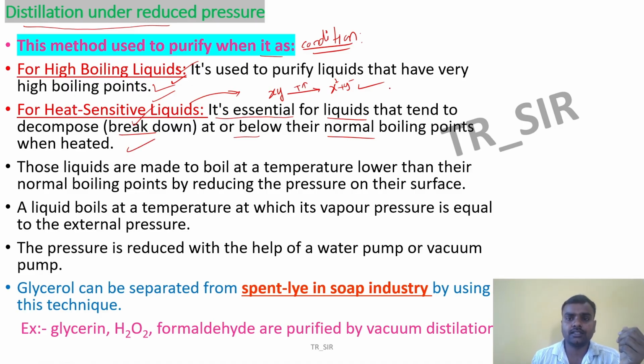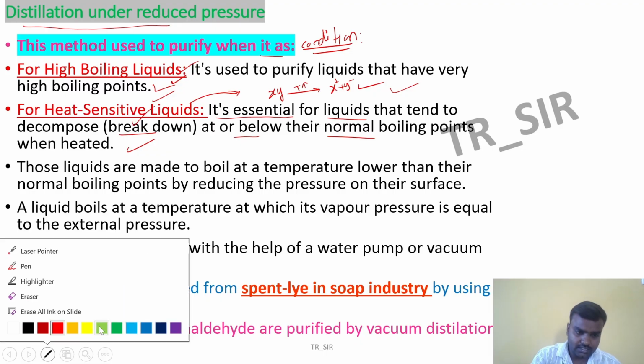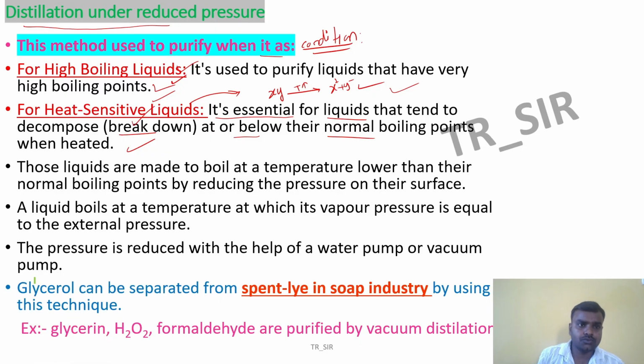Those we call heat sensitive. So whenever these two cases are there, we can use the reduced pressure distillation method: heat sensitive liquids as well as high boiling liquids. Now we'll see how the process takes place.